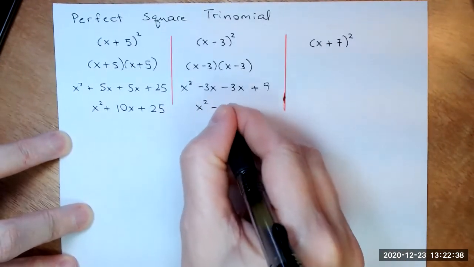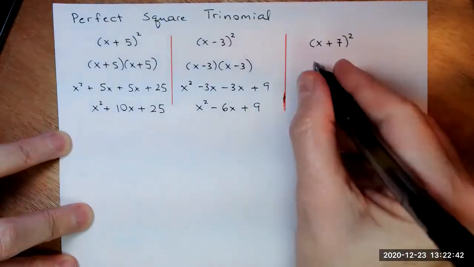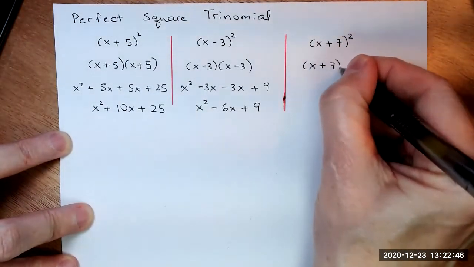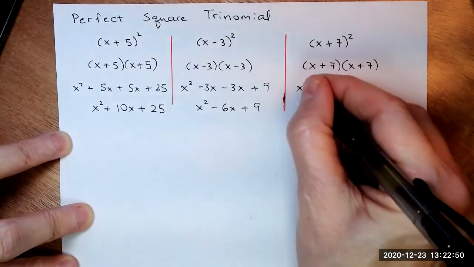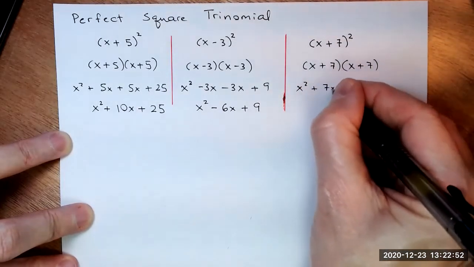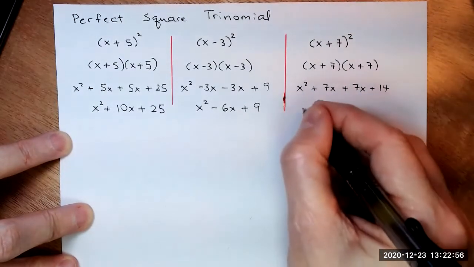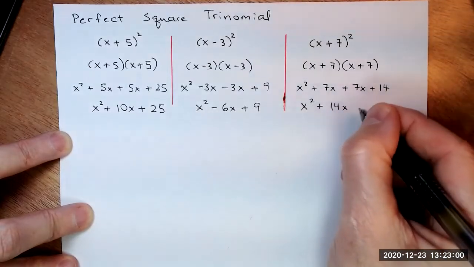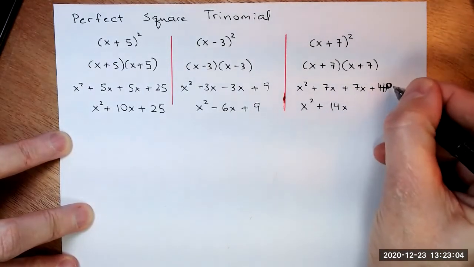That's x squared minus 6x plus 9. x plus 7 squared is x squared plus 14x plus 49.